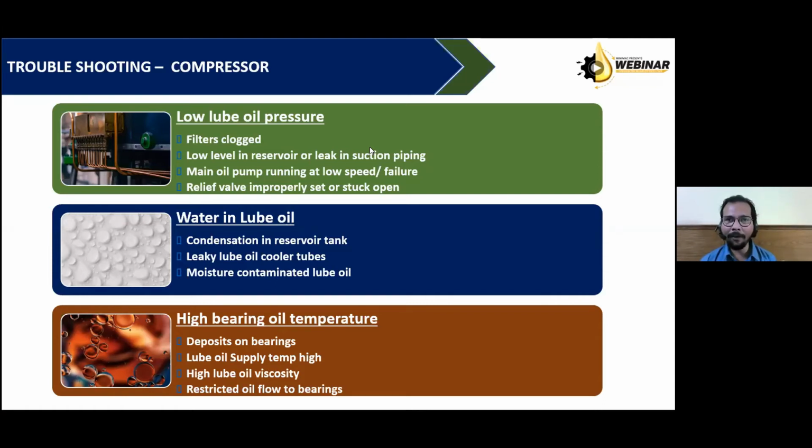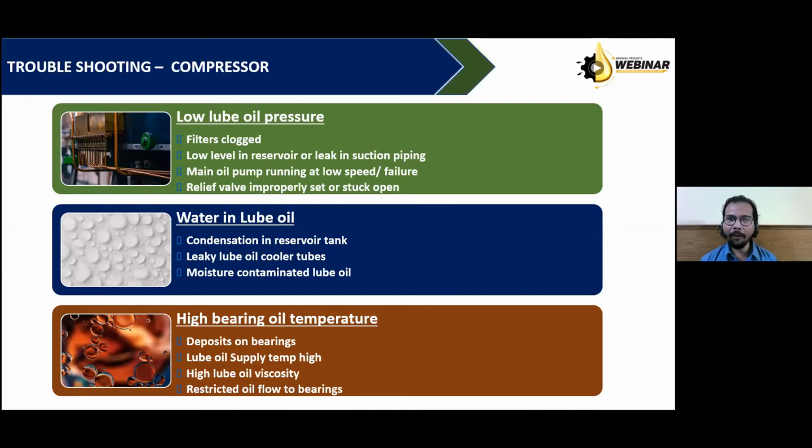The same is with high moisture in the oil or high water level in the oil. When we compress the air, the tendency for dew formation or condensation of the humidity will increase. Like we can see in our LPG cylinder, compressed gas is in the form of liquid. So when we compress the air, water tries to separate from the air and form dew or small droplets of water.